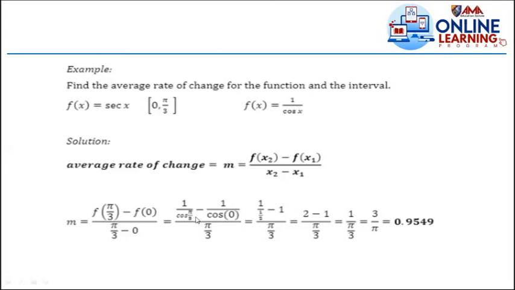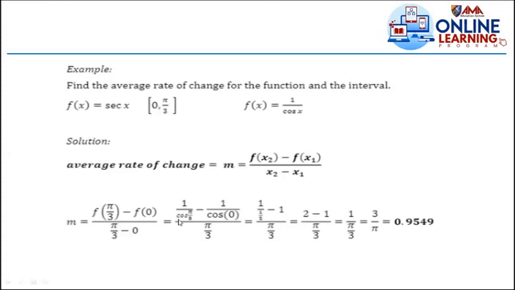If we convert this, we have 180 divided by pi radians. So, pi and pi radians will cancel. What's left is 180 divided by 3, which is equivalent to 60 degrees.